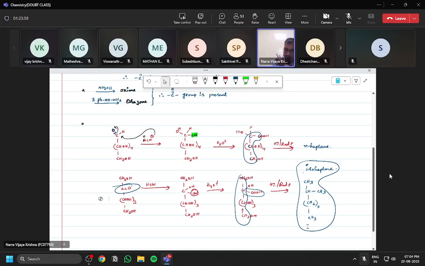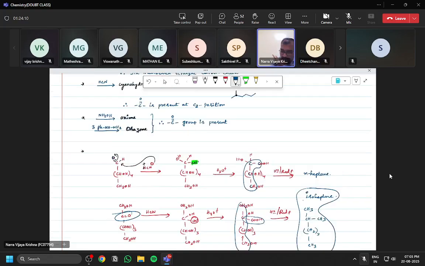Clear? Sir, but when glucose is reacted with HCN, we get gluconitrile and another nitrile, no, sir? Both are epimers, right? Cyanide may be present either above the plane or below the plane, because this is an sp2 carbon. If it is an sp2 carbon, cyanide can attack either above the plane or below the plane. That's why you get this plus its C2 epimer. That's what we have already seen.